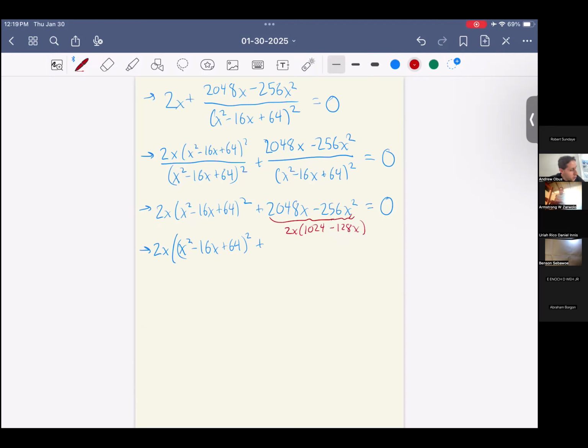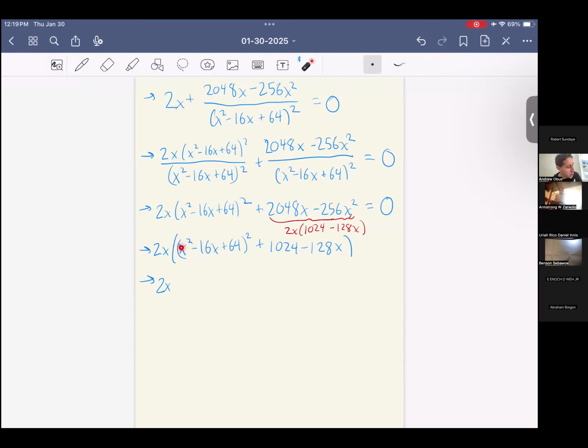So if I pull out the 2x, this is going to give me 1024 minus 128x. Okay, so fine. That's what we have so far. And now what do we have here? This is 2x, and now we just have to square this. I mean, the algebra gets pretty terrible here, but it's just algebra.